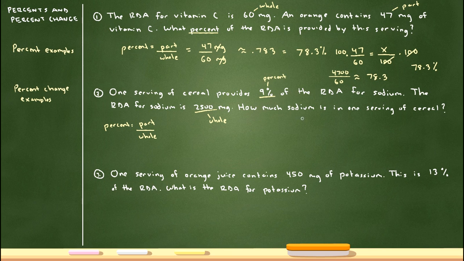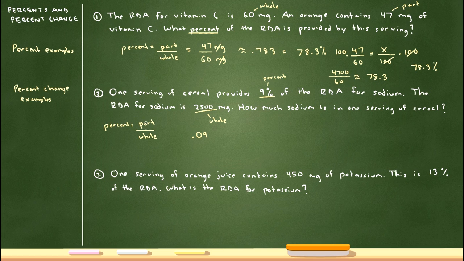So now I'm looking for how much sodium is in one serving of cereal. So I'm looking for the part in this case. So if I have my equation like this, I could say, well, 0.09. Notice now how in this form, this percent is written as a decimal.